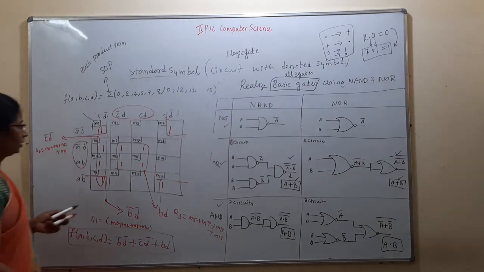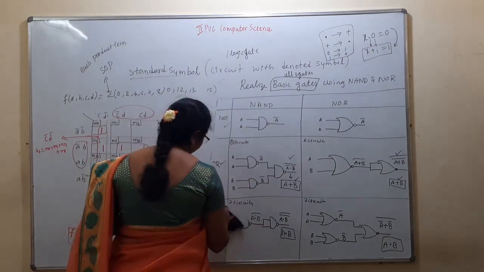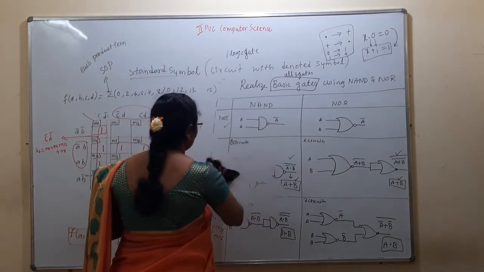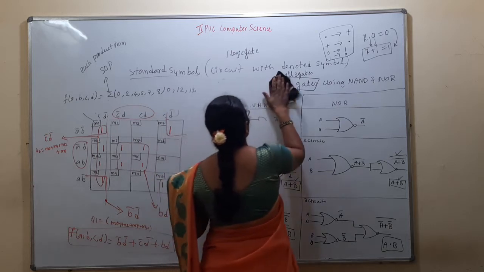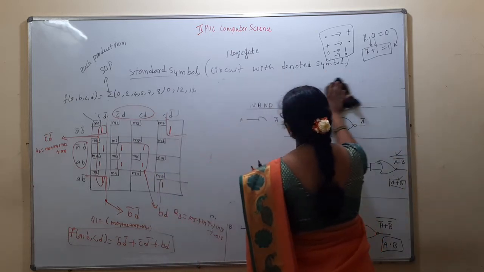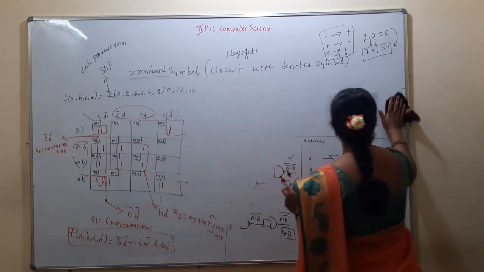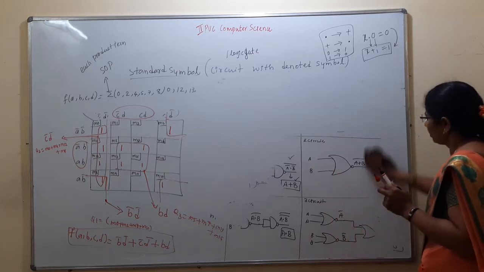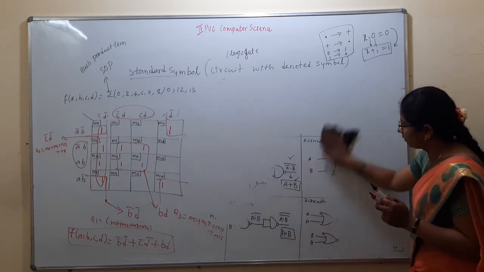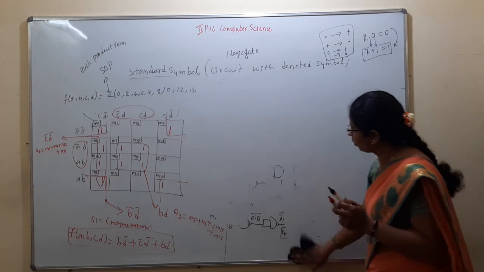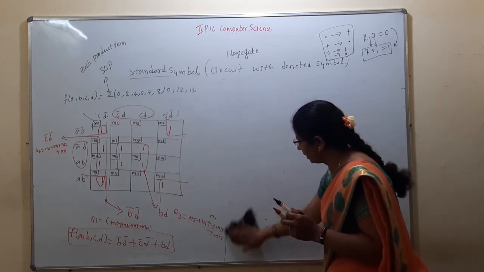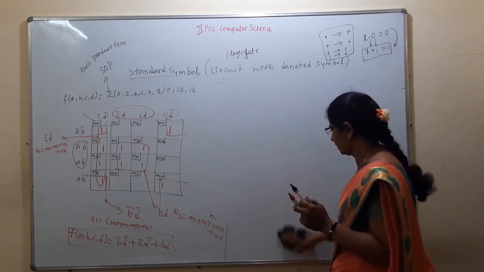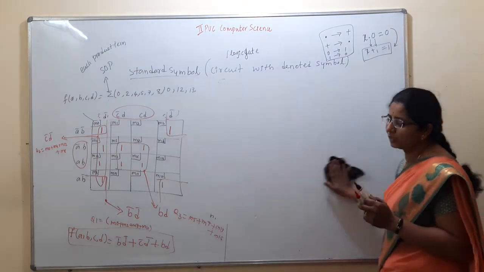You got it? Then another one we gave with a pi. Pi means POS, not SOP. Many students have solved with the SOP format. In the revision video, I told you both the methods, one problem will be there. You need to practice both the methods, SOP as well as POS.